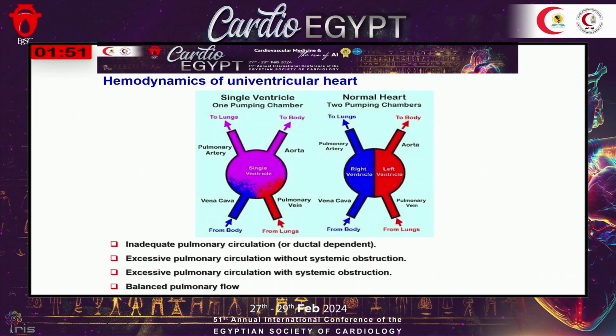So there may be inadequate pulmonary circulation, as in severely stenotic pulmonary valve or duct dependent circulation; excessive pulmonary circulation with or without systemic obstruction, according to the size of the bulboventricular foramen or VSD; or balanced pulmonary flow.